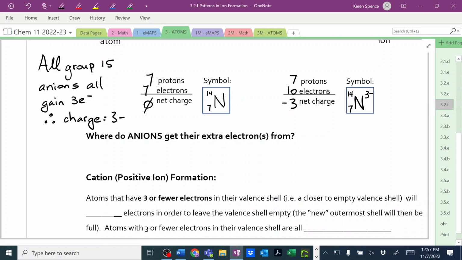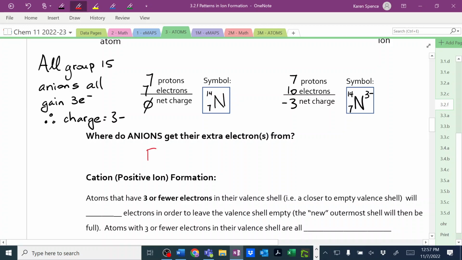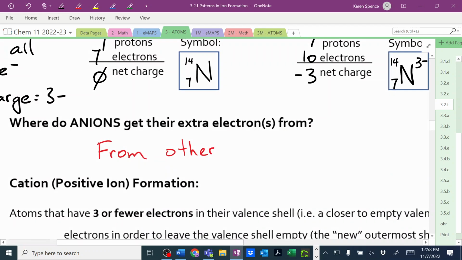Do they just float around in the air waiting for an atom to come along? They get them from other atoms.